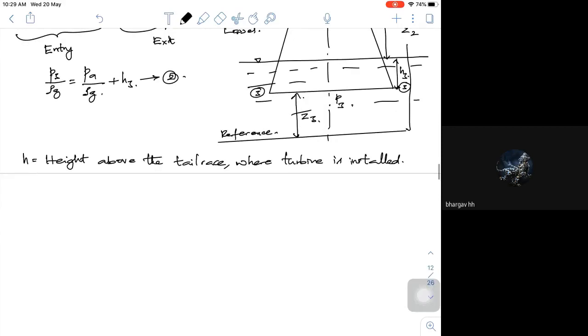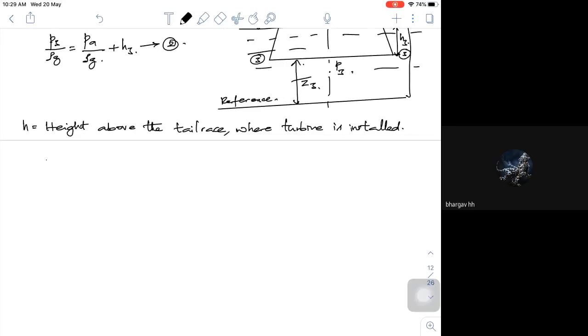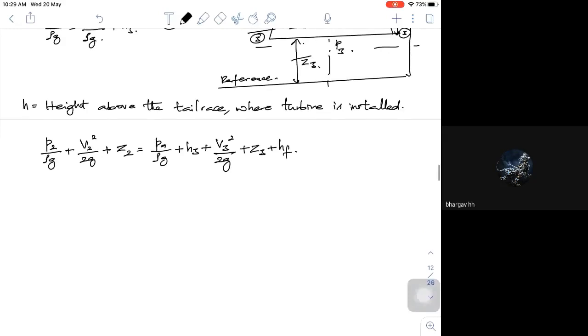This would be P2 by rho g plus V2 square by 2g plus Z2 is equal to PA by rho g plus your H3 plus your V3 square by 2g plus Z3 plus HF. Now if I take P2 by rho g to the left hand side, the rest all I will move to the right hand side.